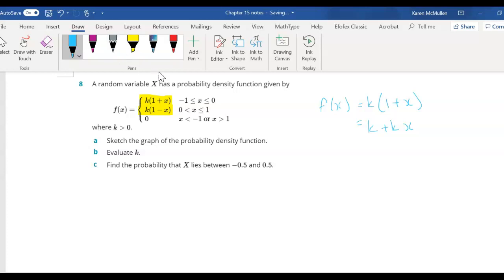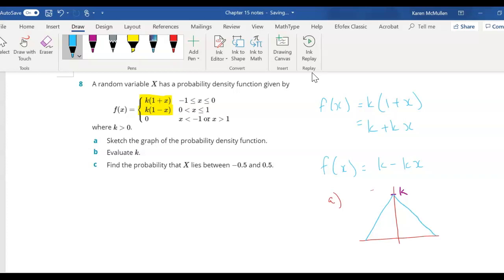So when I sketch both of them, I might just do the other one as well. So we've got k minus kx. All right, so to sketch them in part A, do it over here. They have a y-intercept of k. And so the first one has a positive gradient, and the second one has a negative gradient.